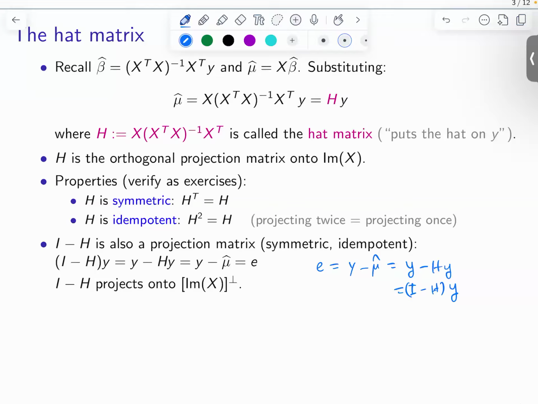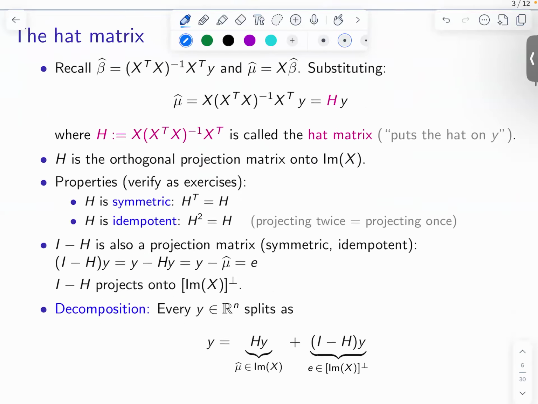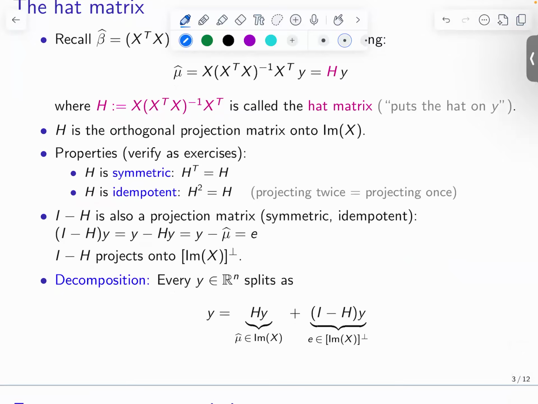So this I minus H applied to y is giving me the error or the residual. And it happens to also be a projection matrix. It's in fact projecting onto the orthogonal complement of the image.